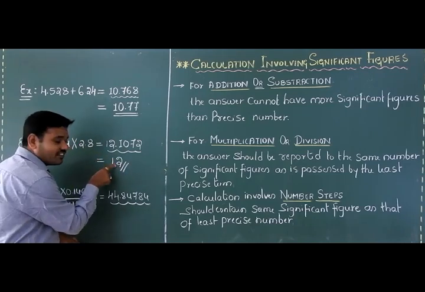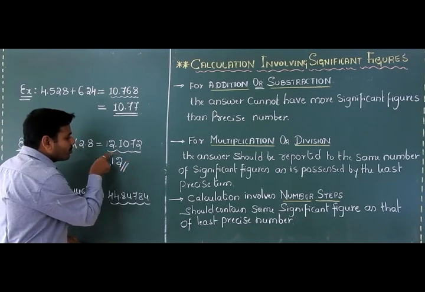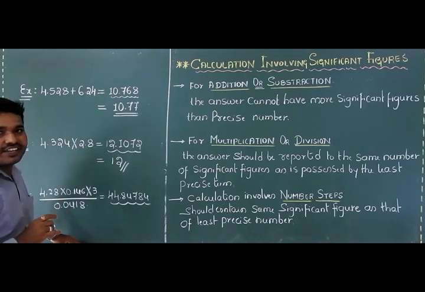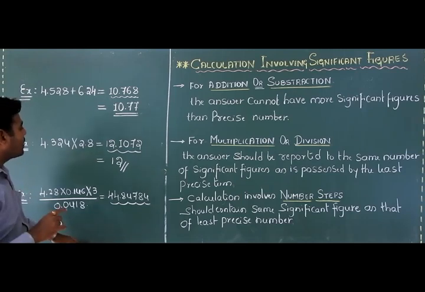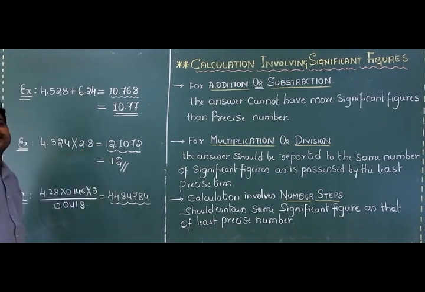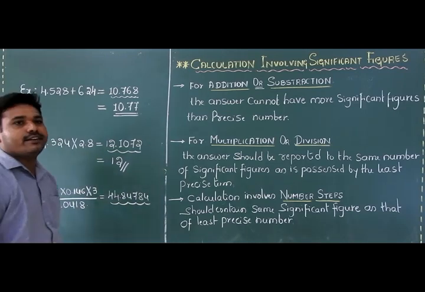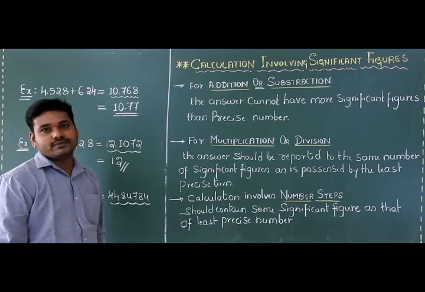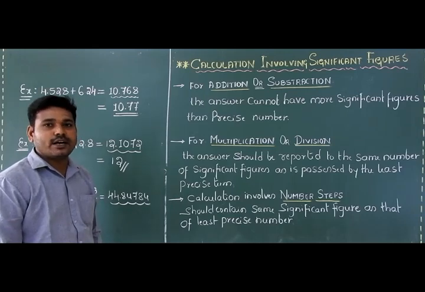The answer should be reported to the same number of significant figures as possessed by the least precise term. So this term contains 2 significant figures, and here also this contains two significant figures, students. So this is regarding the second important condition in the calculation involving significant figures. Are you all understanding this calculation part?